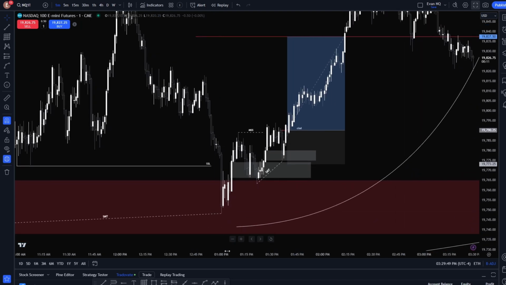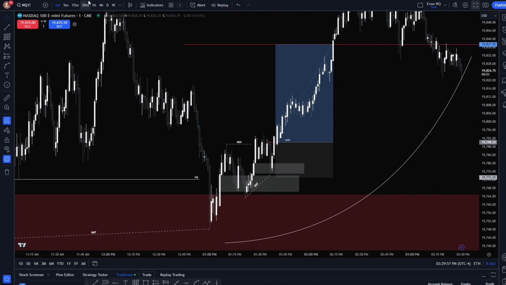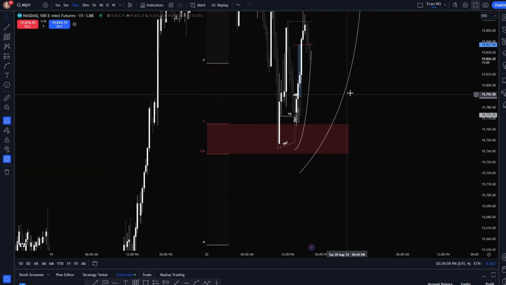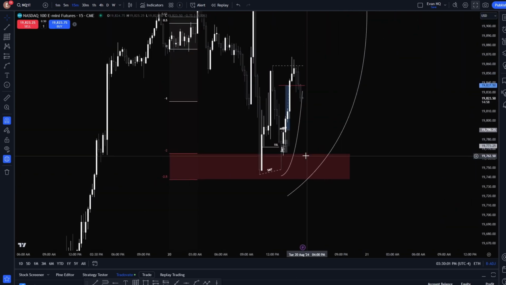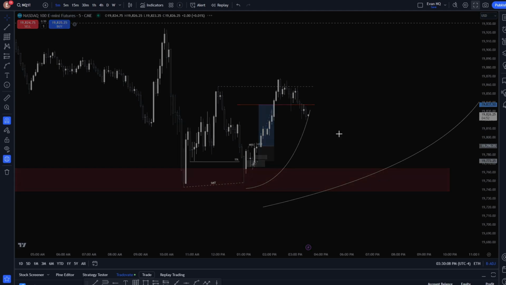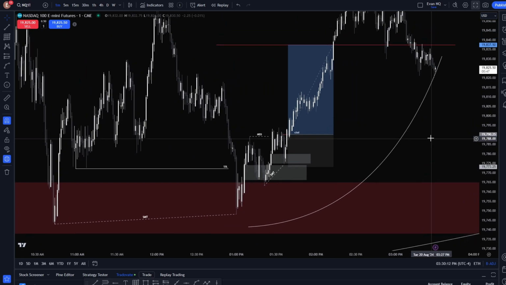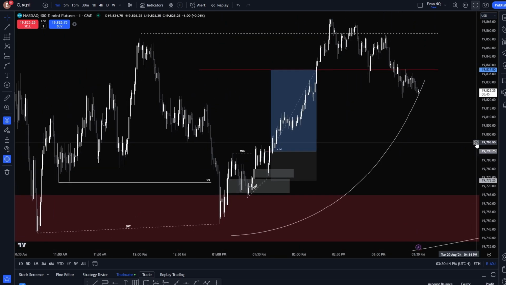So how did I know that this SMT or this manipulation was going to hold out? Well, you can't just guess, right? You can't just see this and be like, oh, we're going to hold out because it's an SMT on the higher time frame. No, that's not the case. The way to know if it's going to hold and to be confident in that is, well, one, does it align.